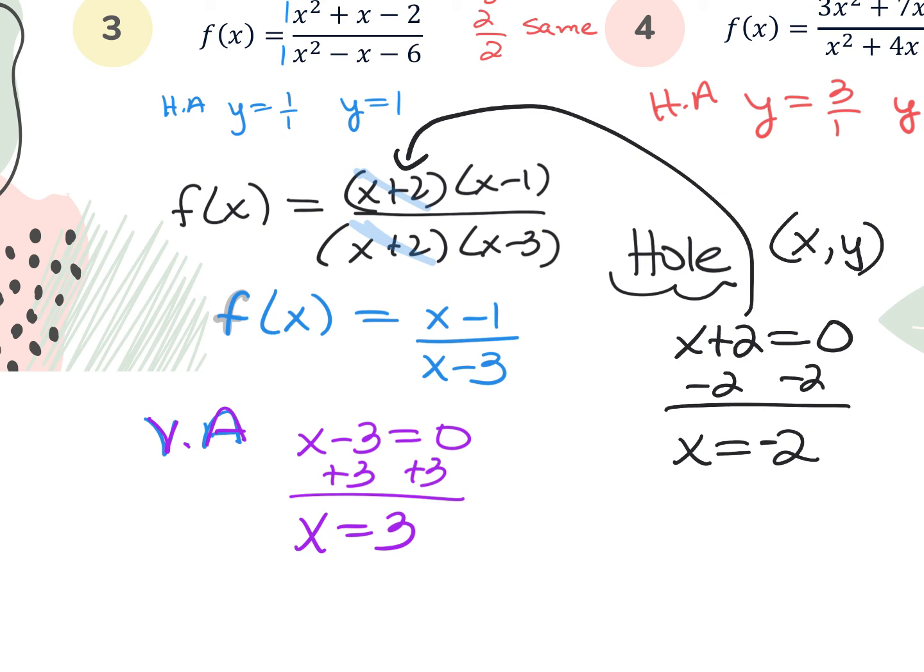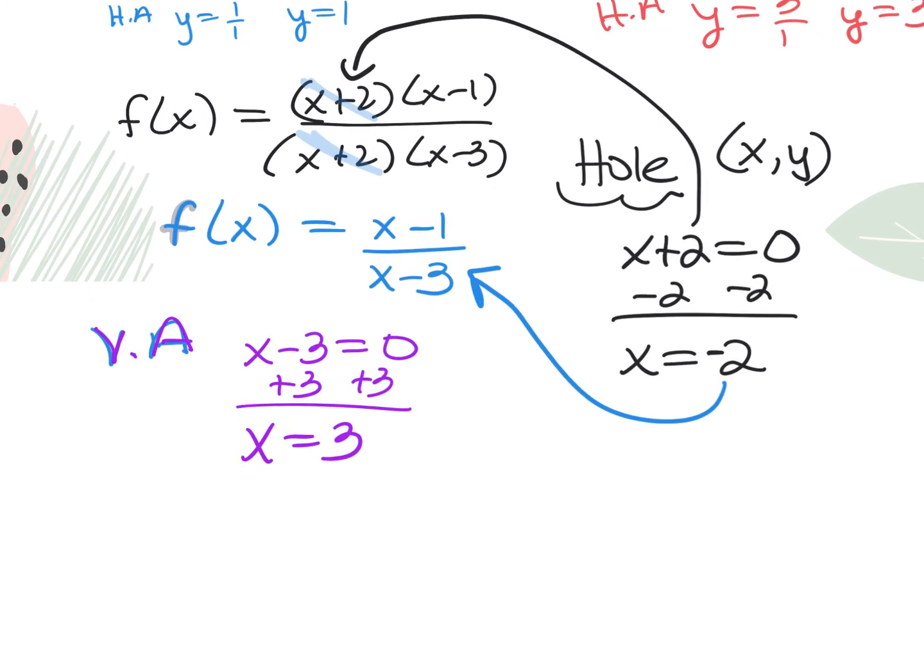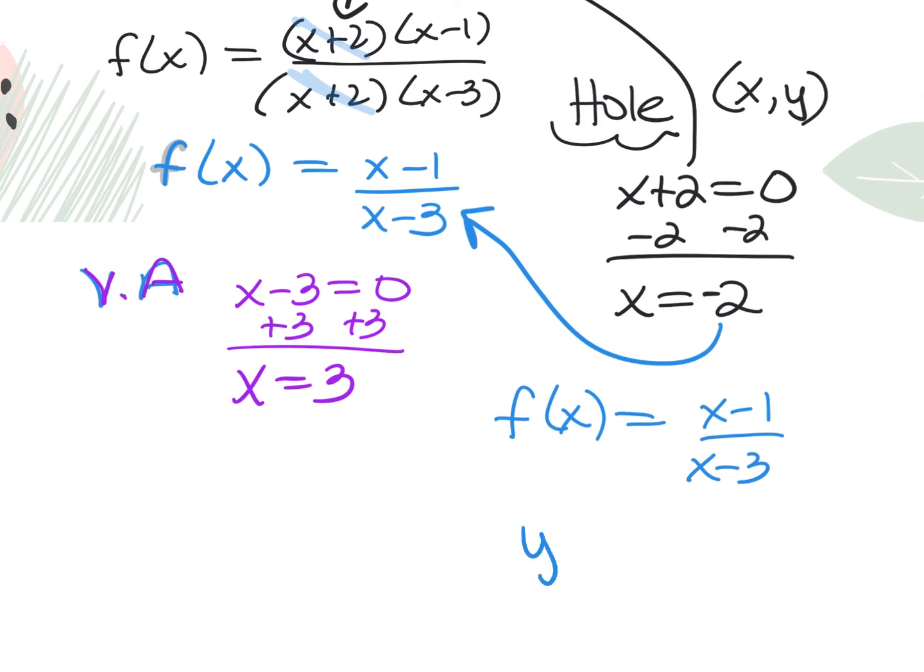I'm going to take this x and plug it into the simplified function, because remember, this f of x equals x minus 1 over x minus 3. F of x is a fancy way of saying y equals. So now I'm going to take out both of the x's and replace them with negative 2 to get my y value.